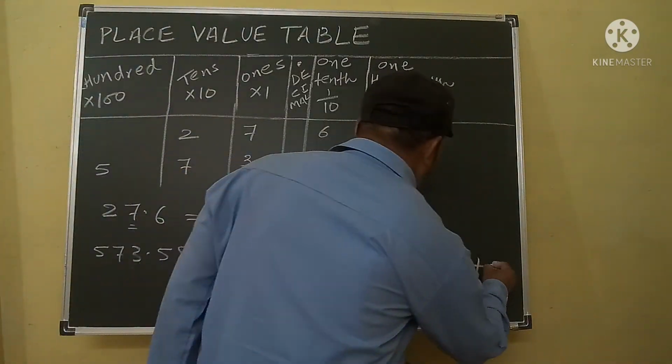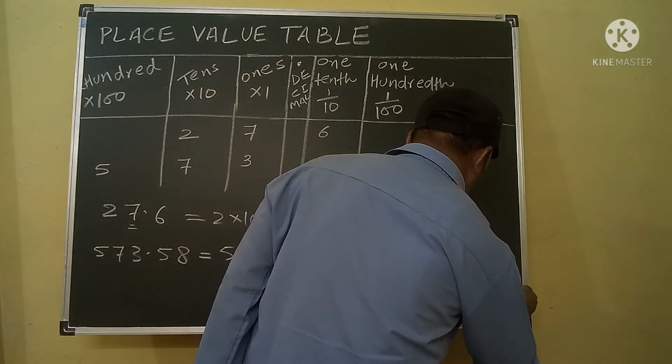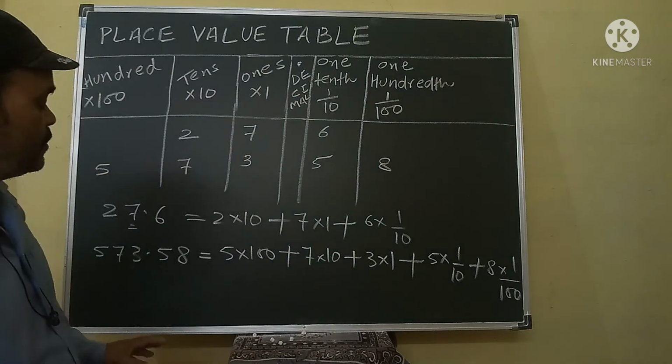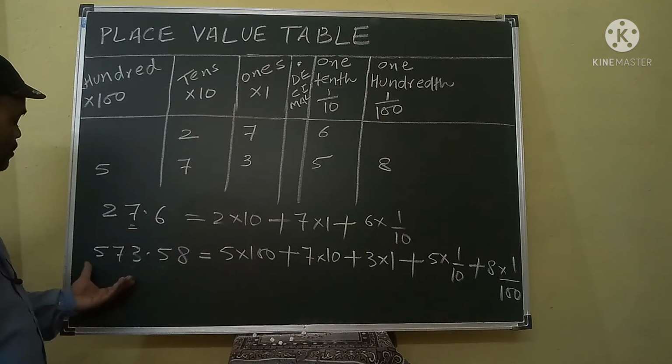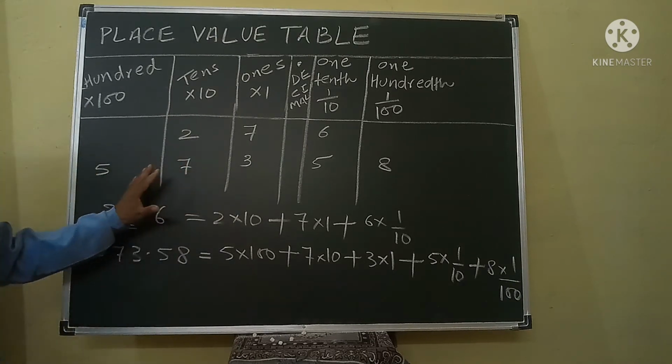So what will you write? 8 into 1 upon 100. This is the actual method. How can you write any decimal number in place value table?